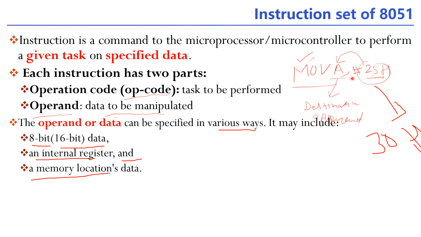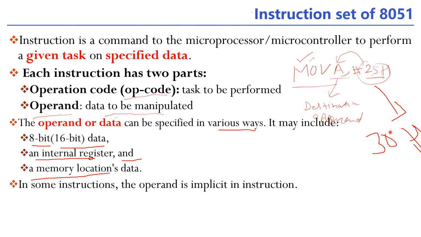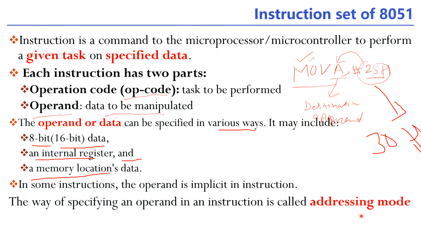That means this is called a memory location. Some data is available at this location. We copy this data and transfer it into this register. So this is the memory location thing. In some instructions, the operand is implicit in the instruction. Now we can move to the next.